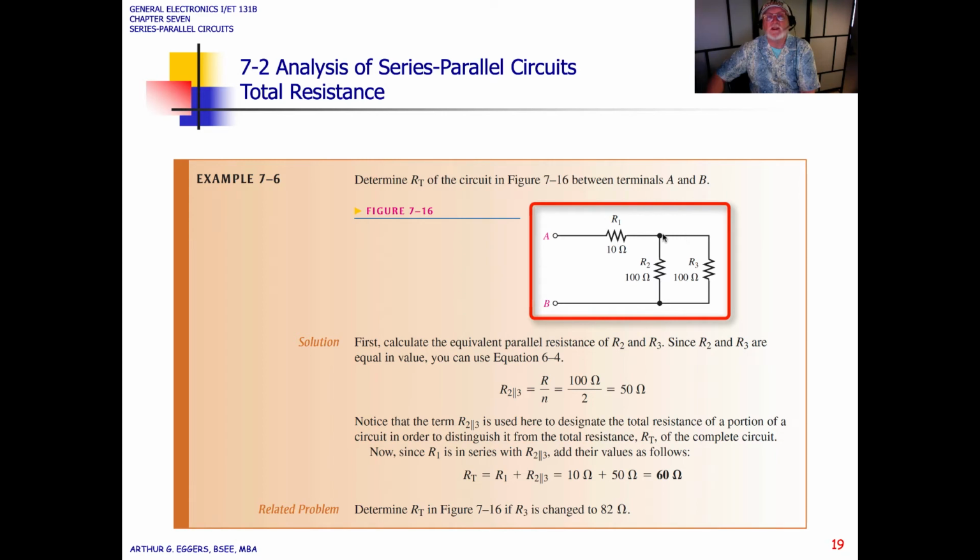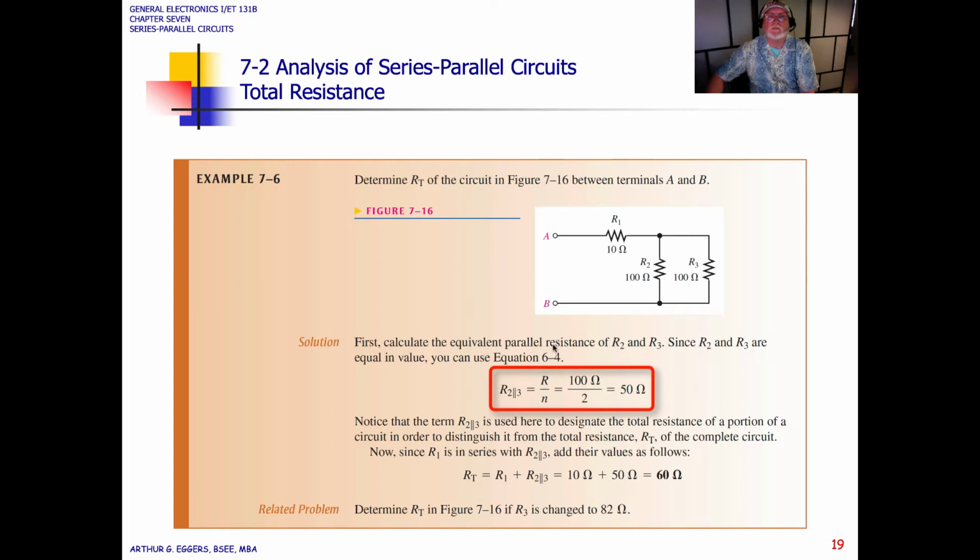R1 in series with the parallel branch R2 and R3. We've got a 10 ohm and two 100 ohm resistors. So first, we calculate the equivalent parallel resistance of R2 and R3. And generally, that's the way we go about solving these types of problems.